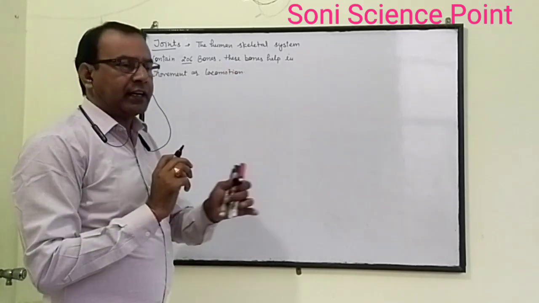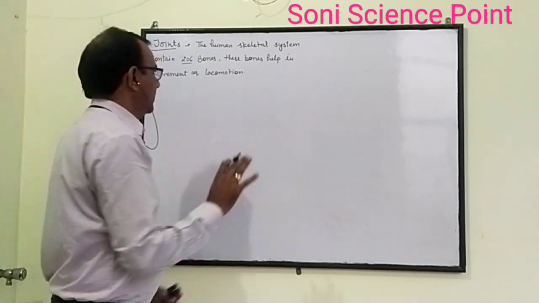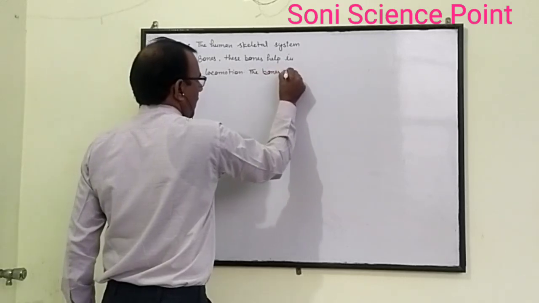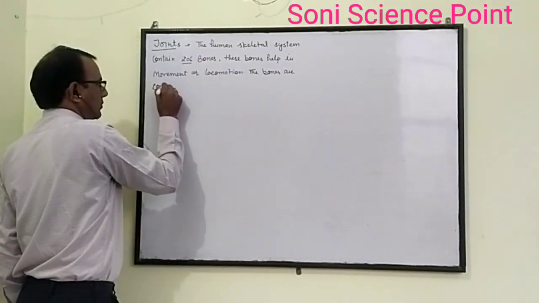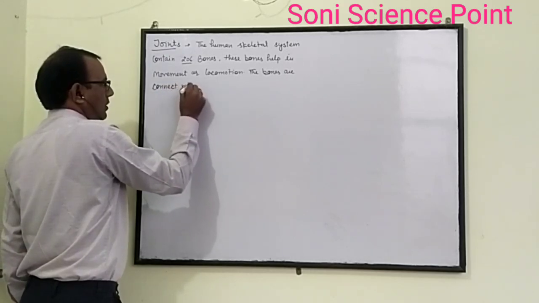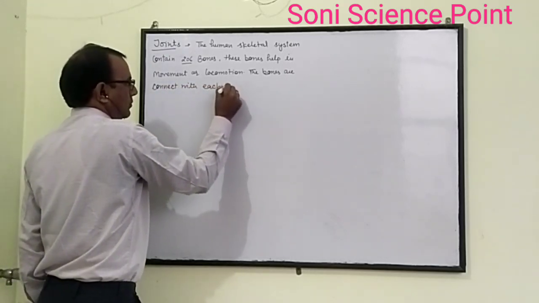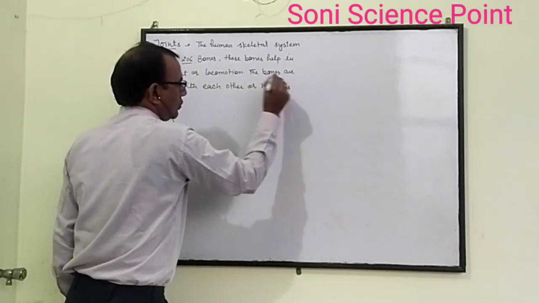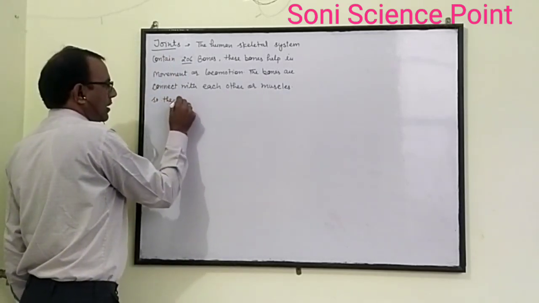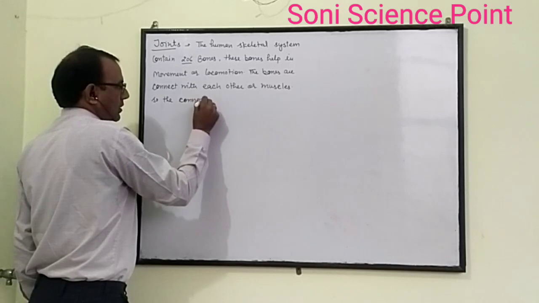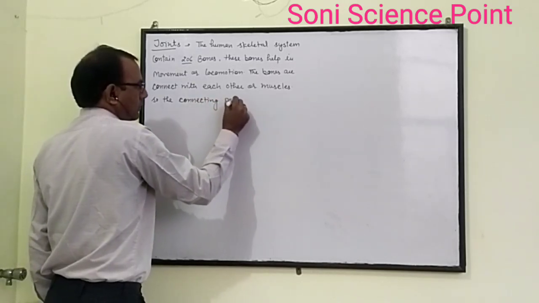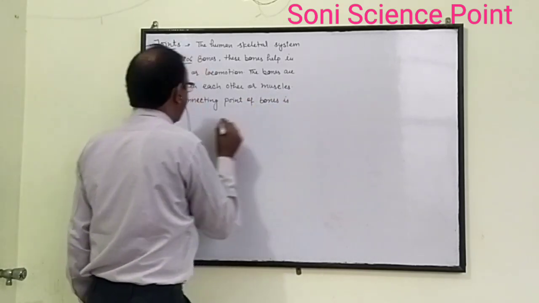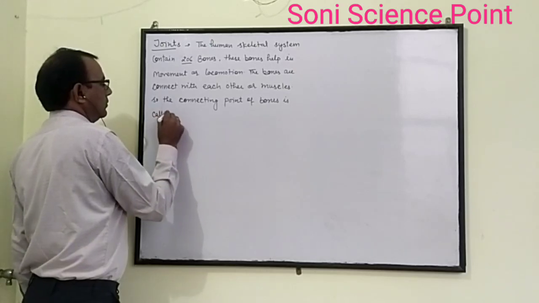All the bones are connected with each other as well as with the muscles. So, the connecting point of bones is called a joint.